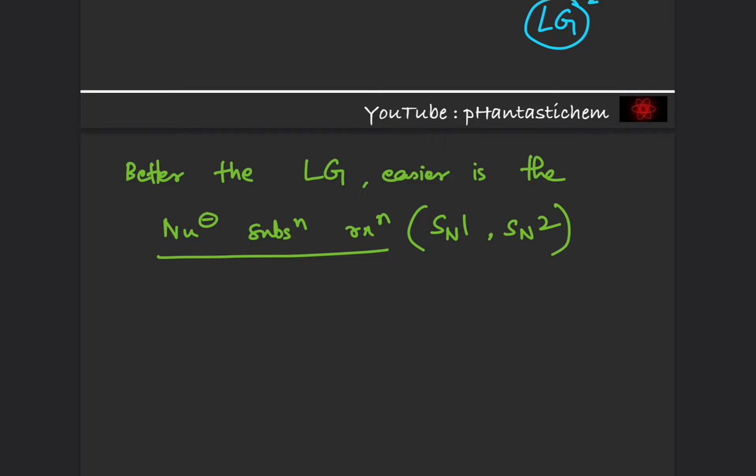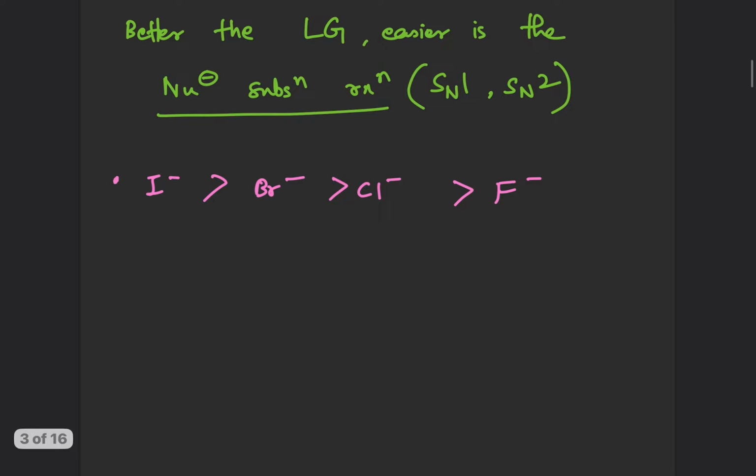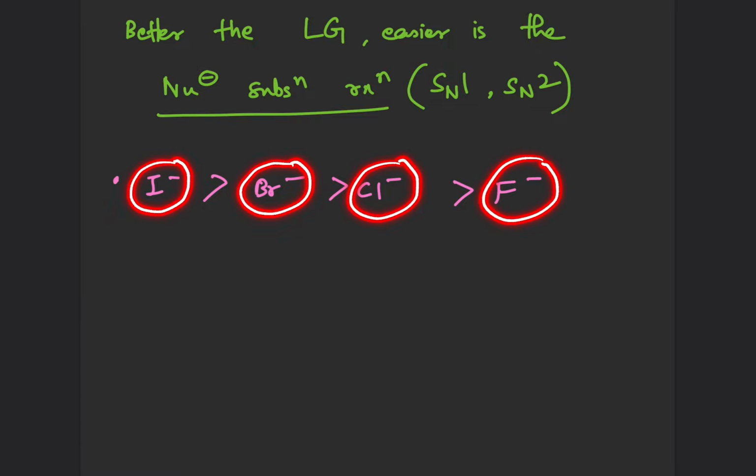Okay, SN1 and SN2 are just two different mechanisms. And among the halide ions, the order in which the leaving group departs is I minus, Br minus, Cl minus and F minus. So this is the order of ease with which I minus can go out very easily. Then we have Br minus, then Cl minus, then F minus.